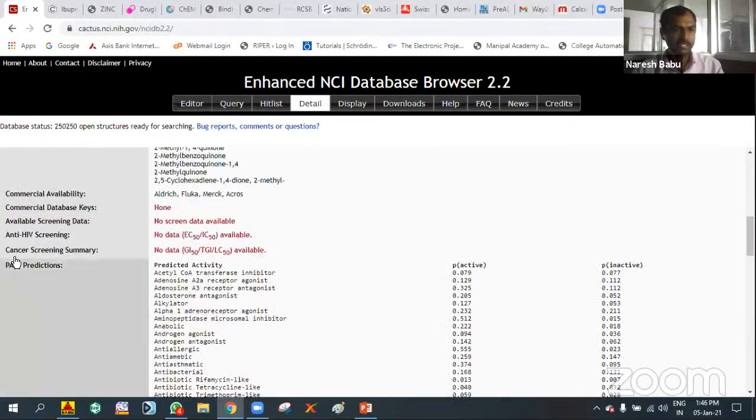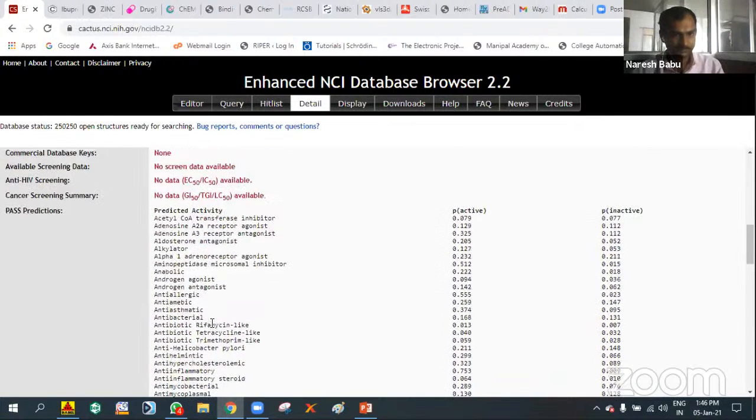And we can see here that PASS predictions are also given. This PASS prediction is giving the probability to be active and the probability to be inactive. In the case of all these activities, it is shown. So here we can observe one.